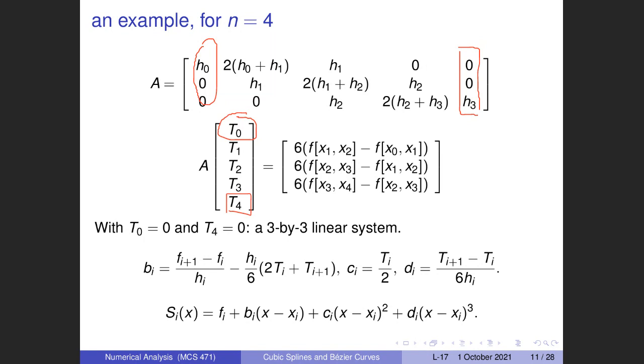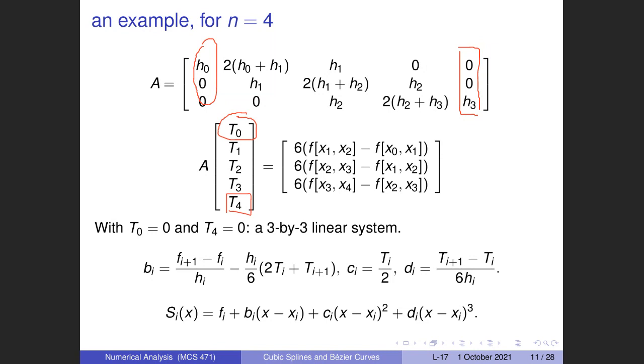This is a quasi-numerical example, so you still have a lot of letters sitting in there. But this slide is complete. You have the structure of the 3 by 3 linear system. The coefficients can be computed if you have the spacings of the points, and the unknowns are the TIs.